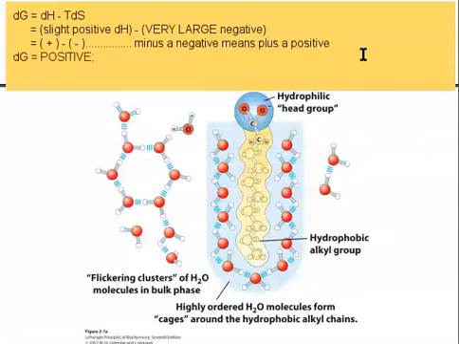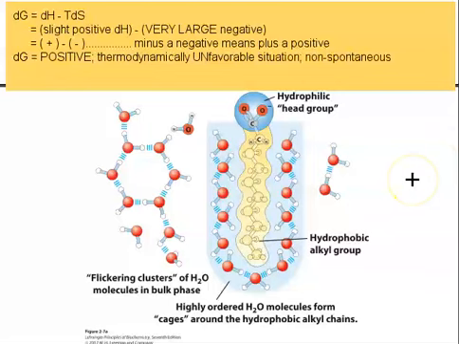And because delta G is positive, it means that this is a thermodynamically unfavorable situation. And it is a non-spontaneous type of reaction. So in this case, what we have is the high degree of order in the water molecules being the main reason why this is a thermodynamically unfavorable situation.